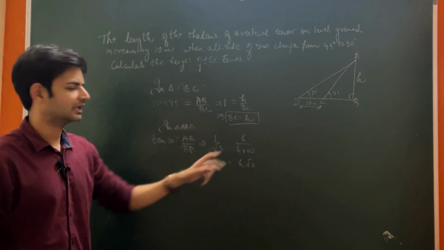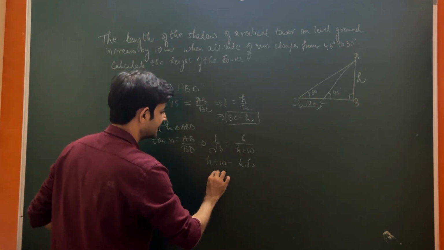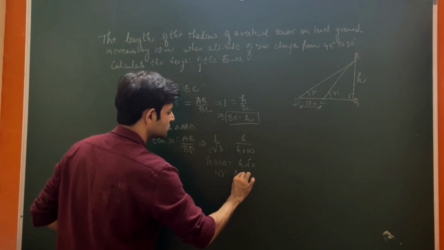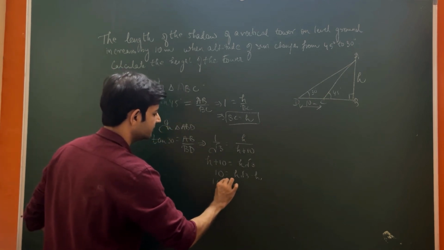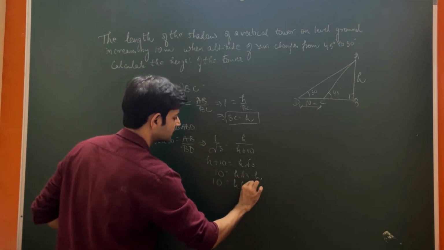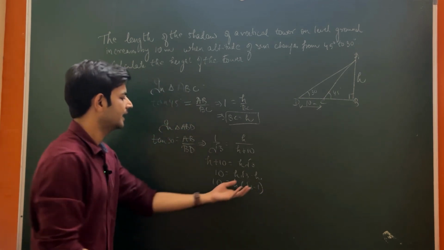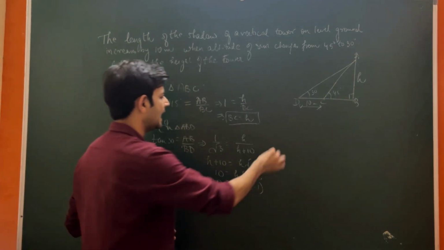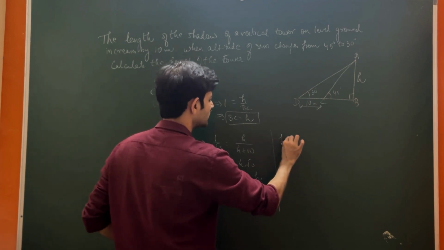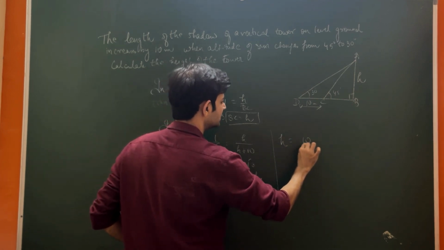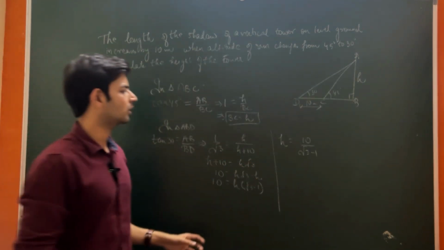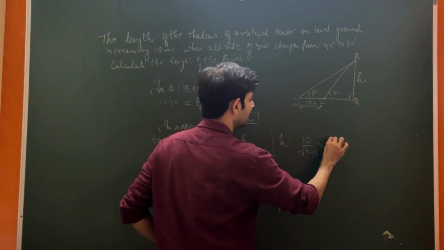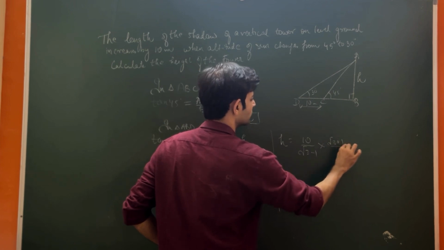We take the H root 3 to the other side, so it is 10 is equal to H root 3 minus H. I can take H common, so H times root 3 minus 1. Now we'll solve further, and H will be equal to 10 upon root 3 minus 1. Now we don't leave the answers in root 3 in the denominator, so we'll multiply and divide by root 3 plus 1.